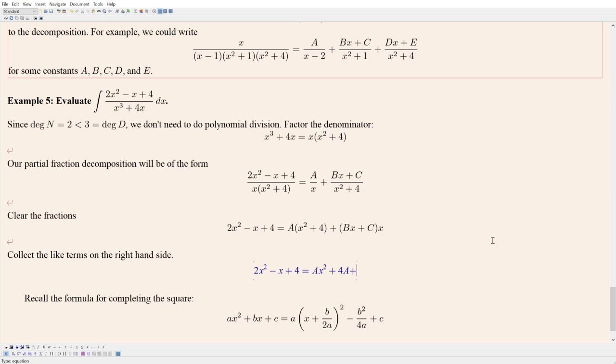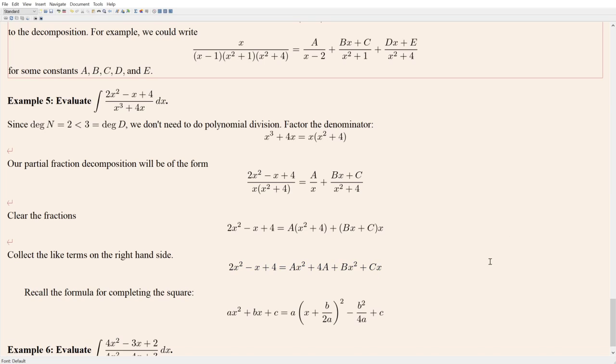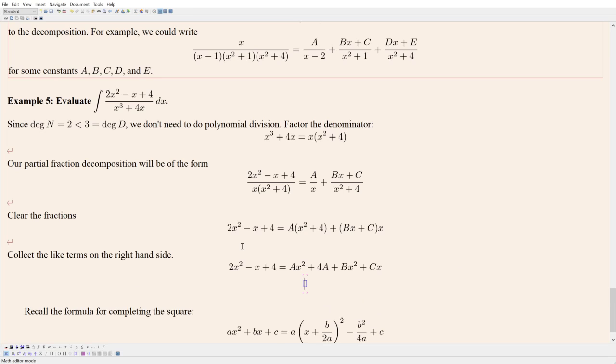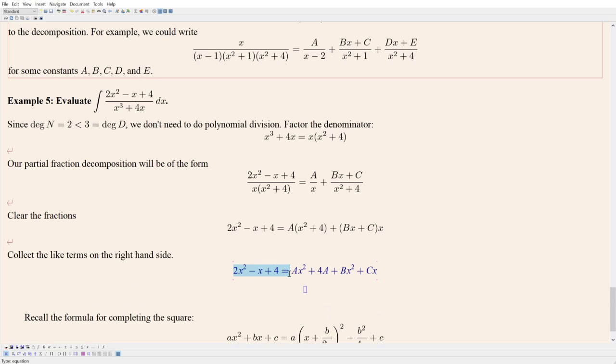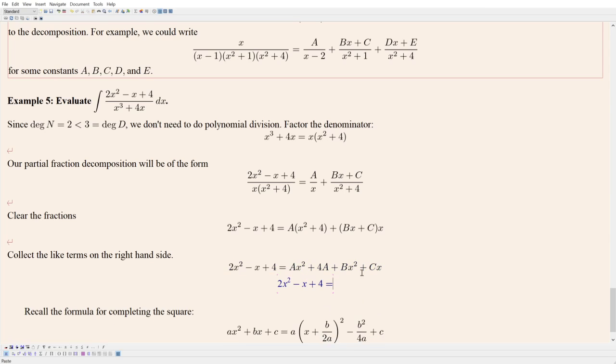If I distribute the x through, we get bx squared plus cx. And then, of course, let's get the like terms. The x squared terms are a and b. The x terms are just c, and then the constant term is 4a.